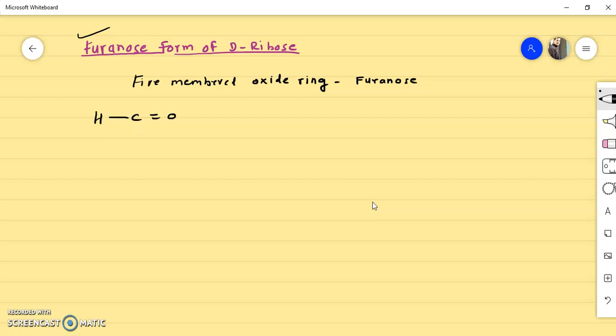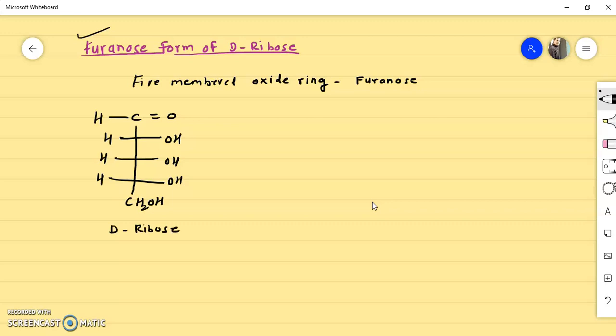As it is an aldopentose, there are 5 carbon atoms, so the last carbon atom will be CH2OH, and in between there are 3 carbons having the OH groups on the right hand side and hydrogen on the left hand side. So this is the Fischer projection structure of D-ribose.